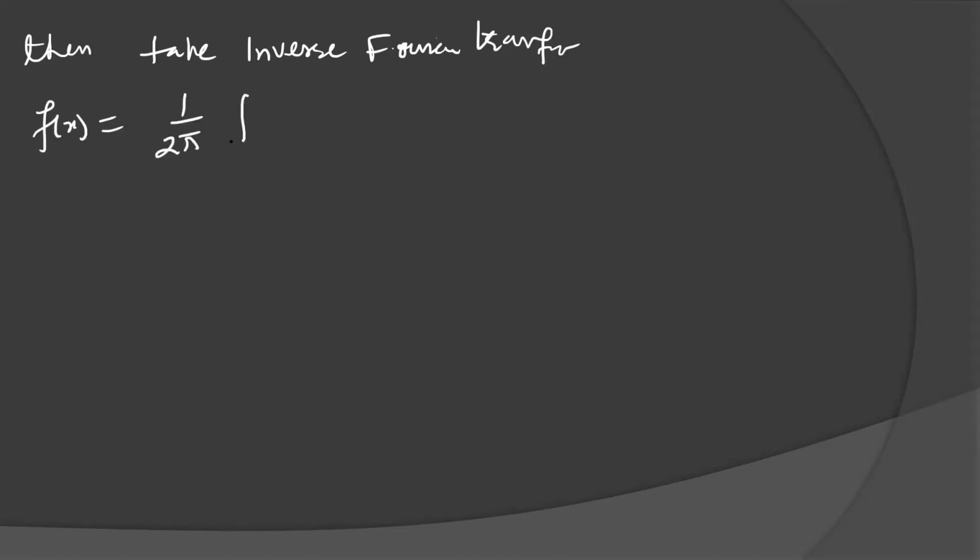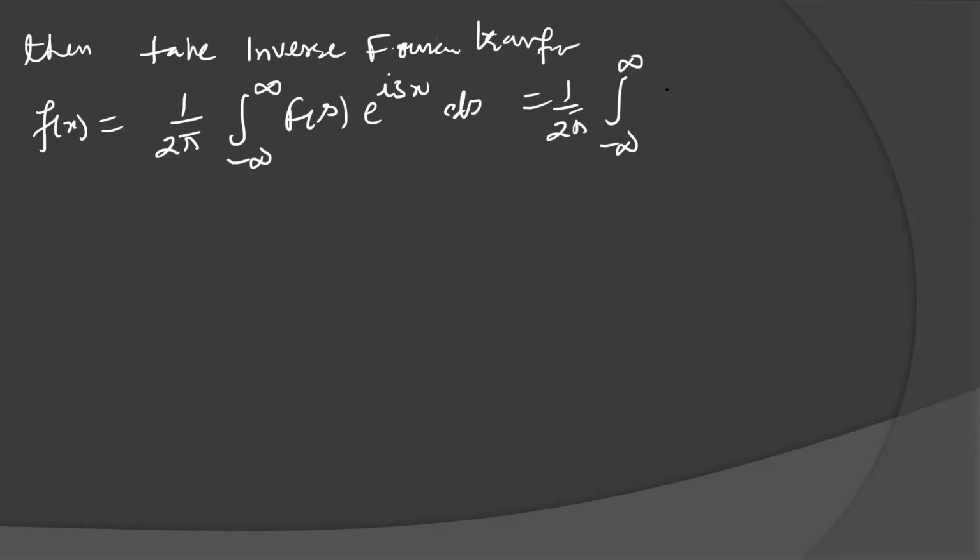Then take the inverse Fourier transform. So f(x) will be equal to 1 over 2 pi, minus infinity to infinity, minus 4 over s cube, s cos s minus sin s, e to the power isx ds.